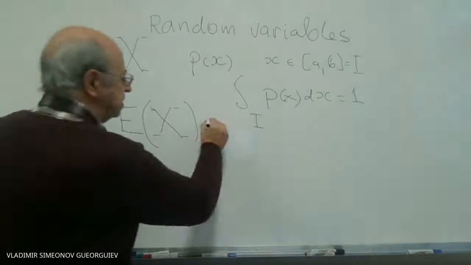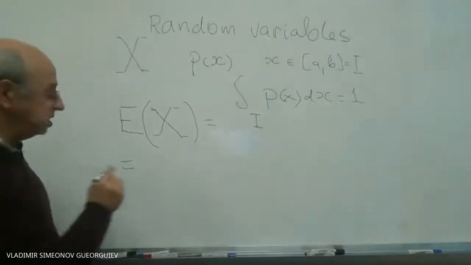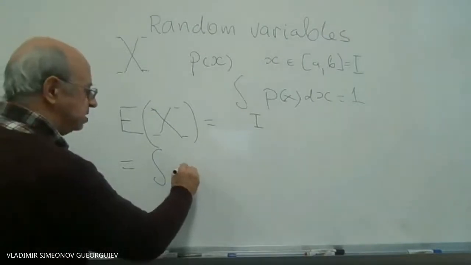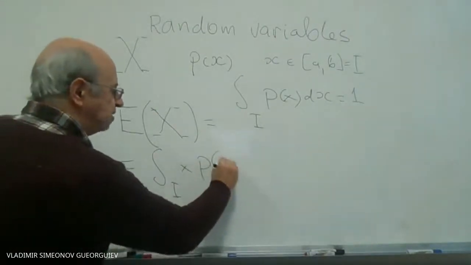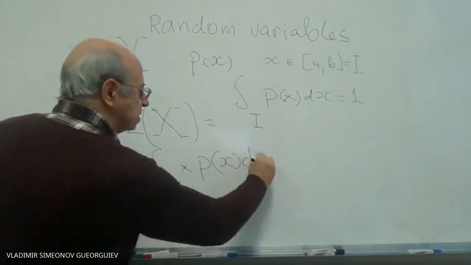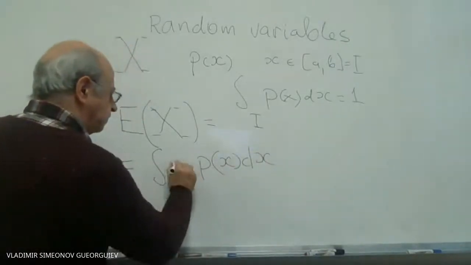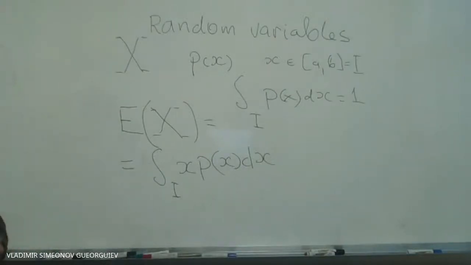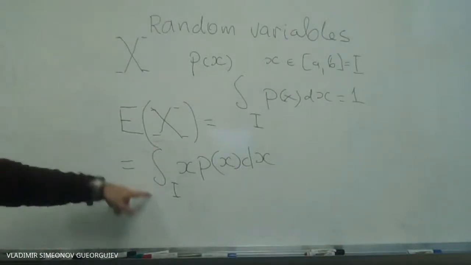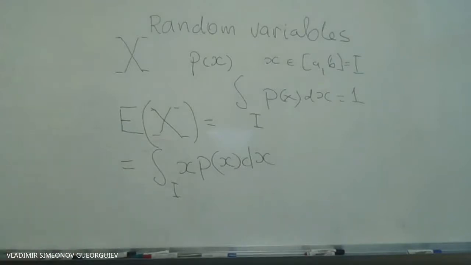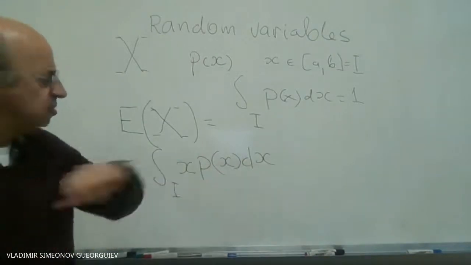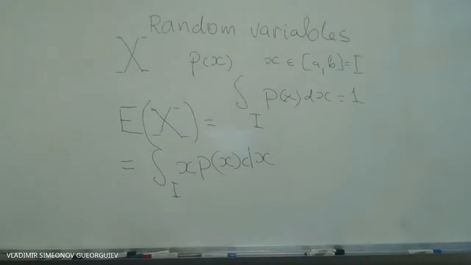This is simply connected with the following integral: the integral over E of our function x times p of x dx. And of course, in the discrete case, we have a sum of x_i p_i, and in the continuous case, we have this integral.